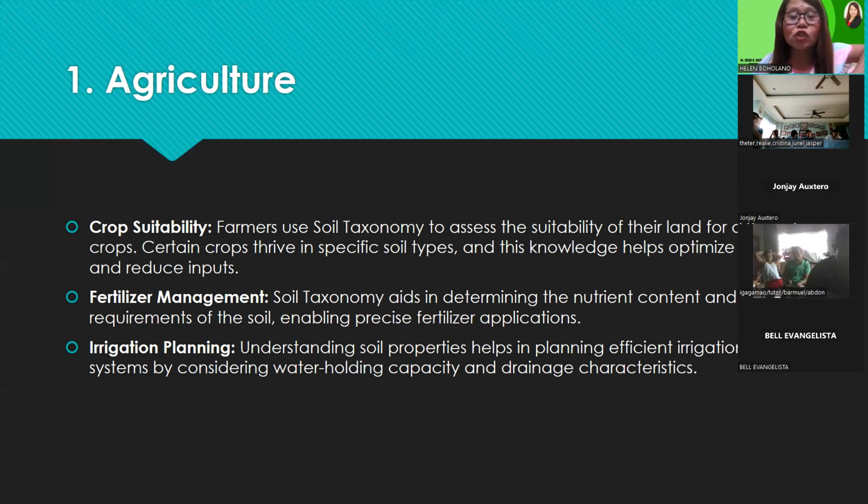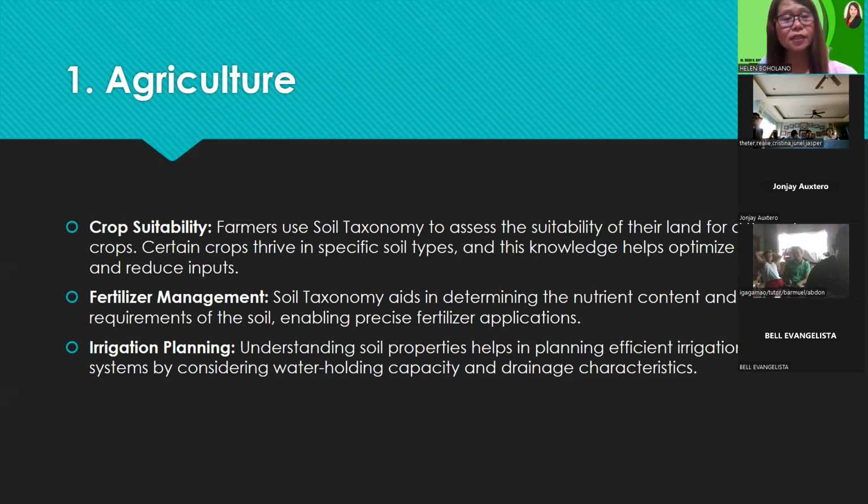Farmers use soil taxonomy to assess the suitability of their land for different crops. Certain crops thrive in specific soil types, and this knowledge helps optimize yields and reduce inputs.